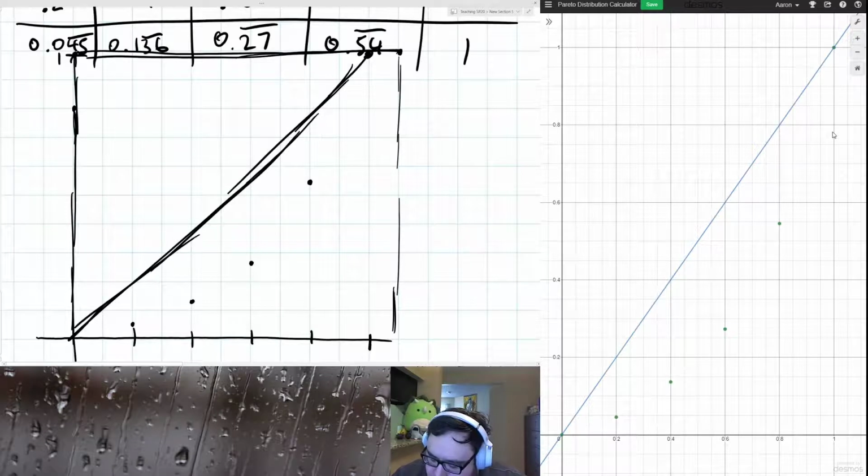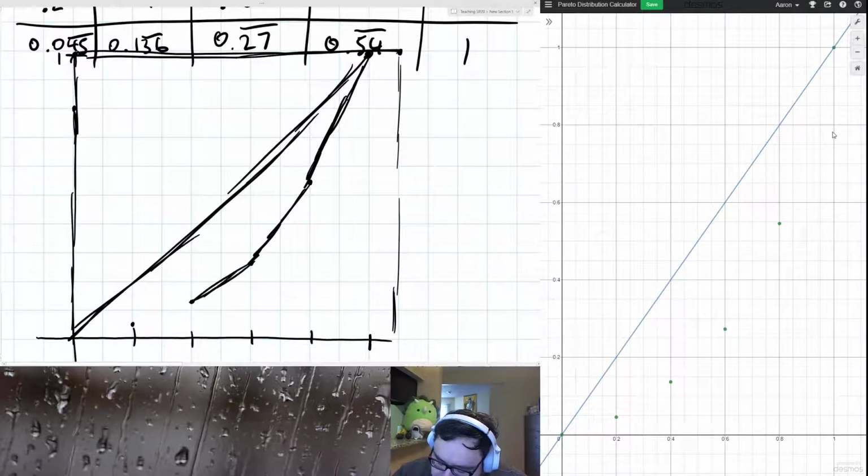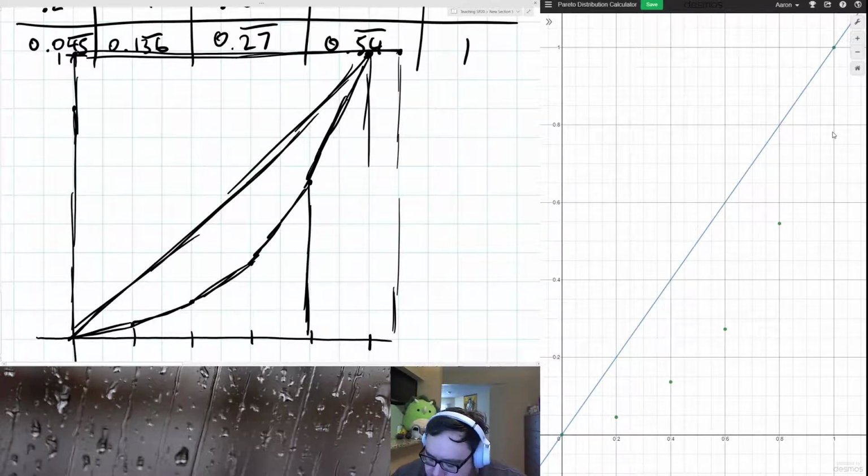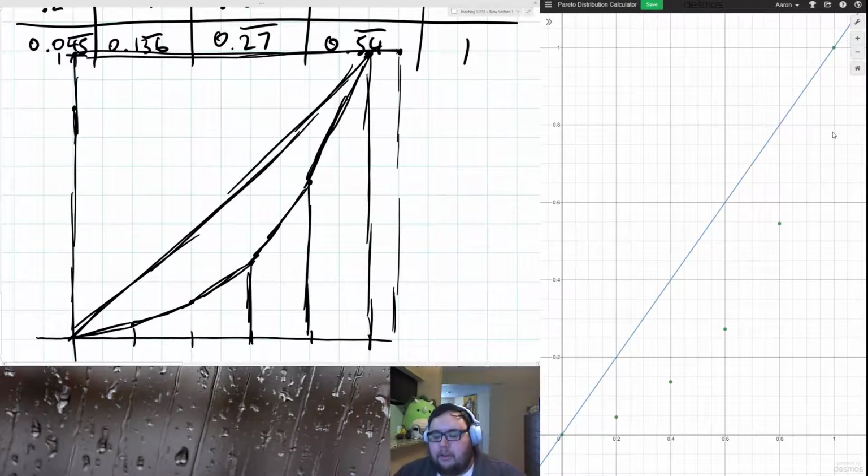So there's our line of total inequality, and we can estimate what the curve should look like by drawing line segments between each of these. So we get those trapezoids that we saw last class when we were talking about finding area beneath the curve, right?